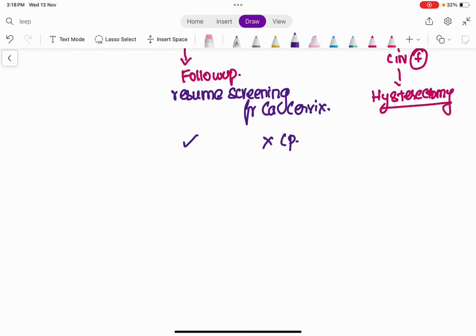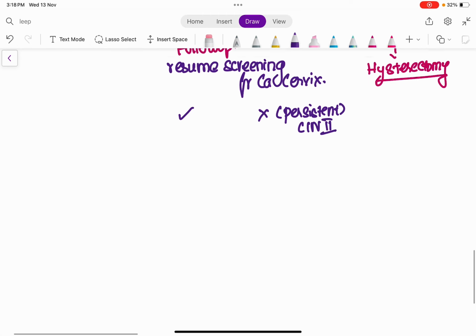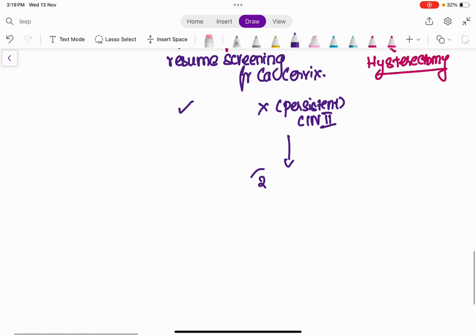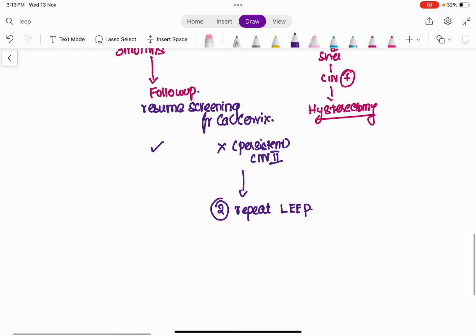But if it is not resolved and it is persistent, for example if cervical intraepithelial neoplasia type 2 is persistent, now what I have told, you can repeat LEEP for the second time. Is that clear? Okay.